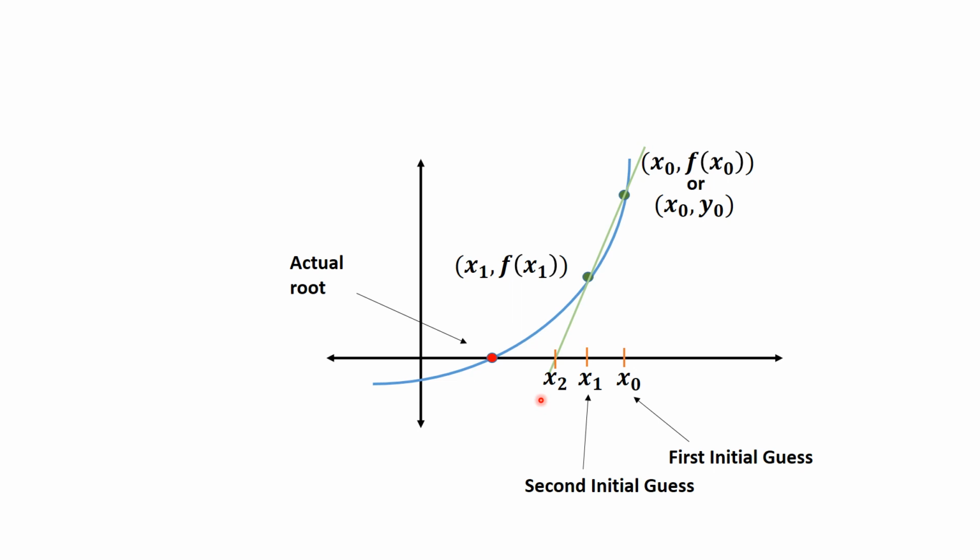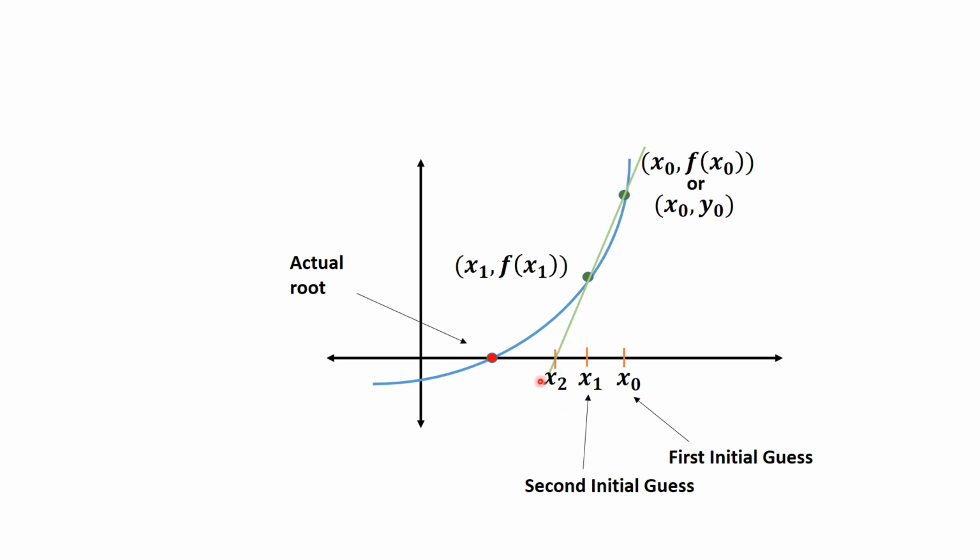In the case of Newton's method, you had taken a tangent line and you were saying that the next point will be the point at which this tangent line touches the x-axis. But in this case, the next point will be the point at which this secant line touches the x-axis. I hope this is quite clear to all of you students. So now this is the second point.